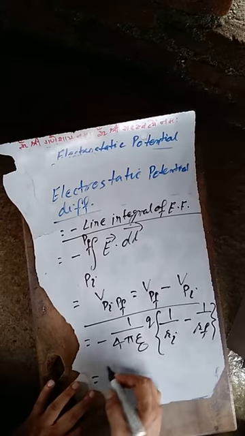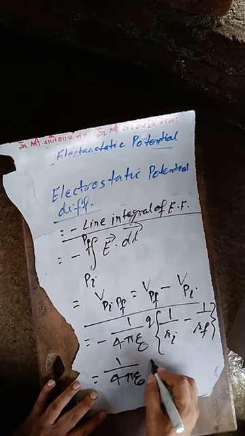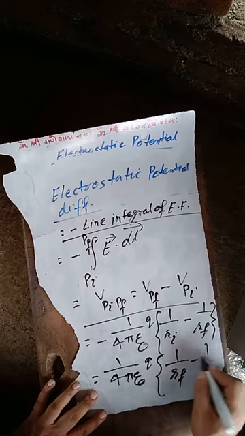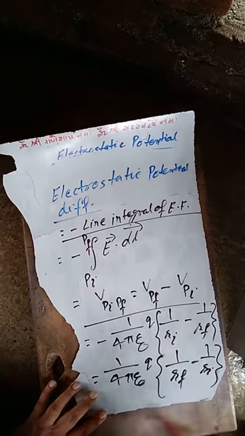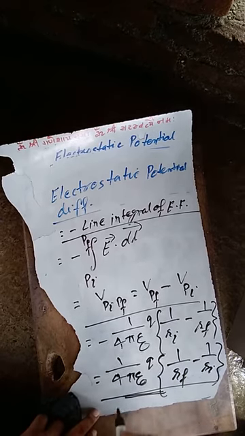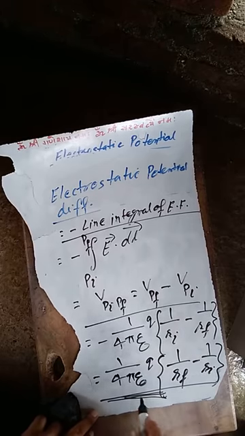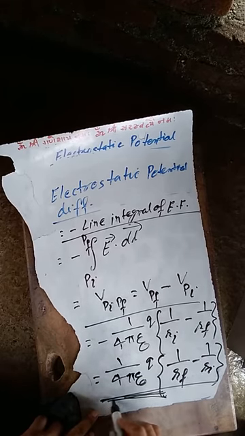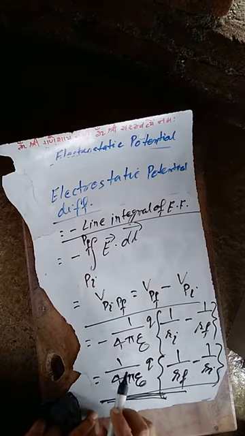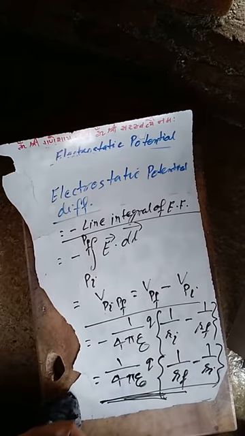So this will be 1 by 4 pi epsilon naught Q into 1 by Rf minus 1 by Ri. This is the negative of the line integral, or the negative of the work done by the electric field, or your electrostatic potential difference from point Pi to Pf, or between Pf and Pi.